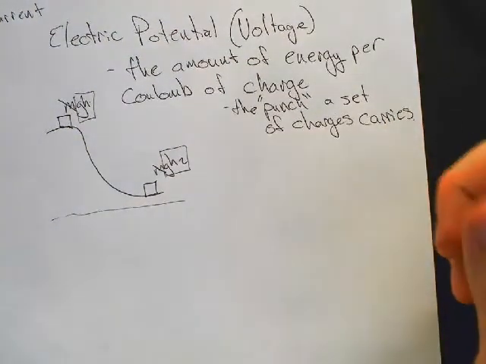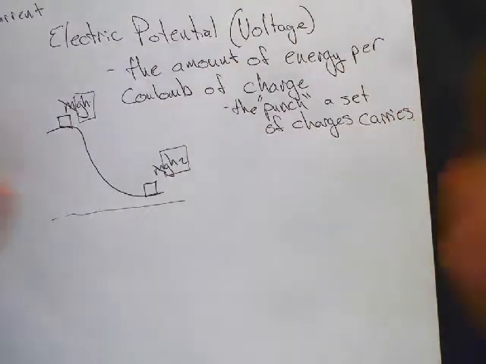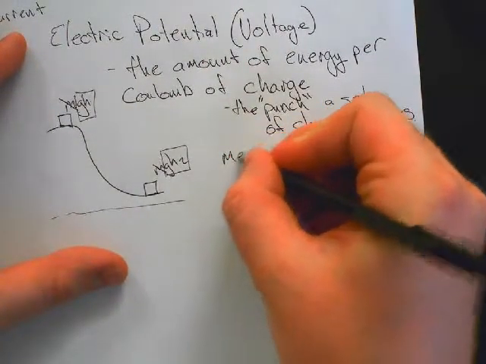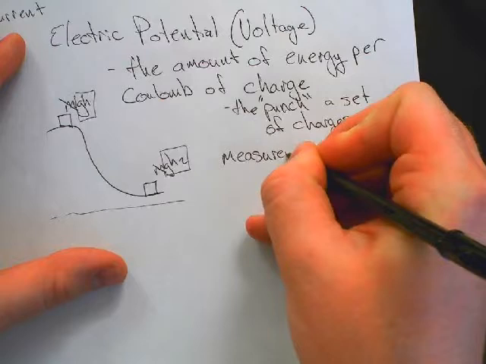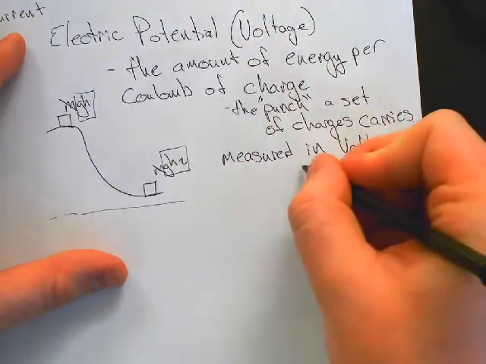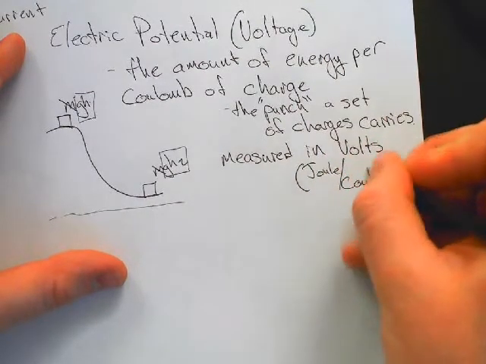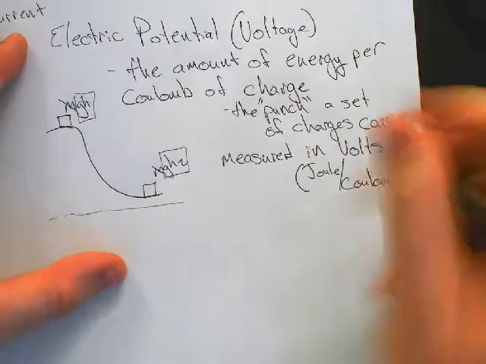Okay. Obviously, voltage is measured in volts. And a volt is a joule per coulomb.